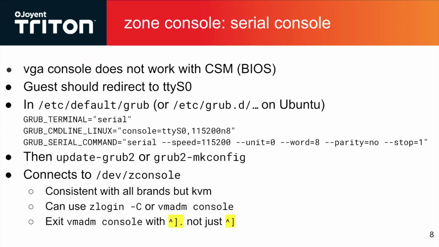Bhyve will work with zlogin -C or vmadm console. Beware that if using vmadm console, to terminate your console connection, you will need to use the same sequence that you use with any other brand aside from KVM, and that's Control-right bracket dot, not just Control-right bracket.